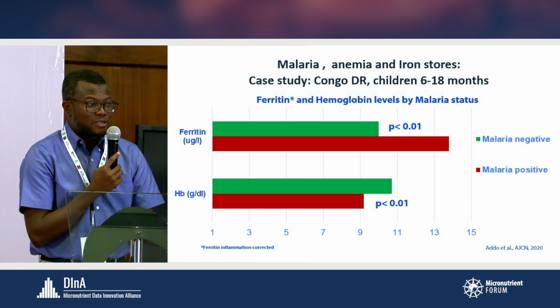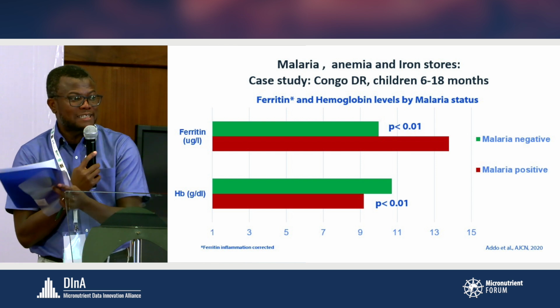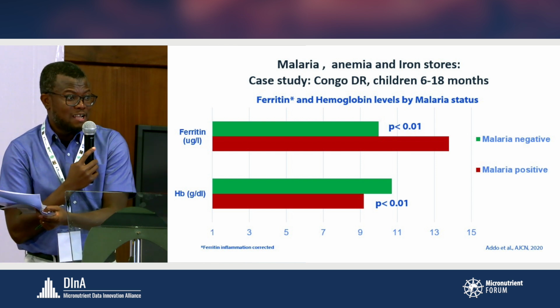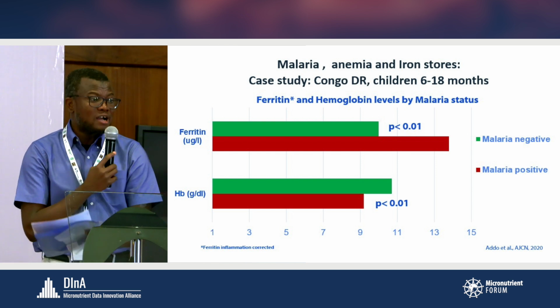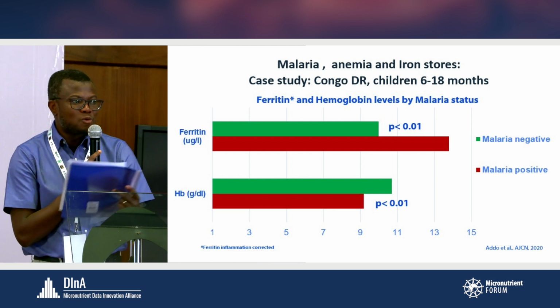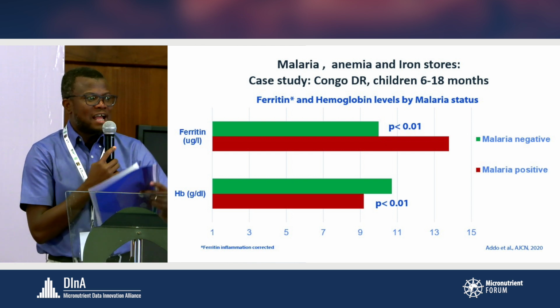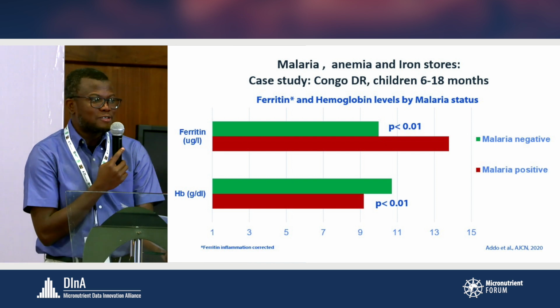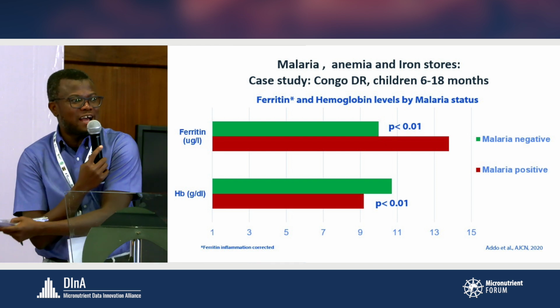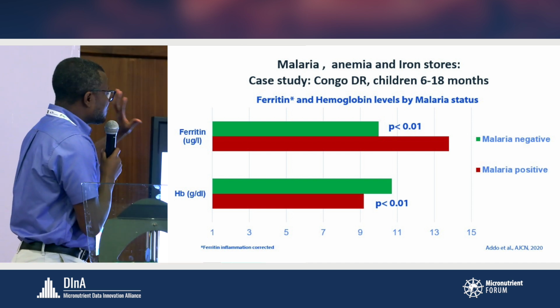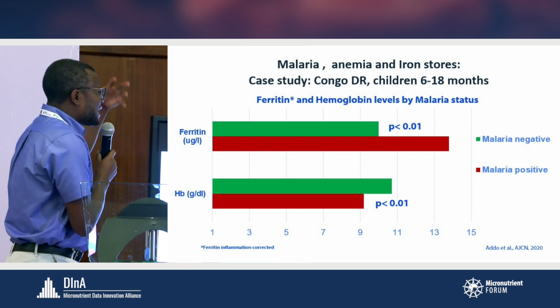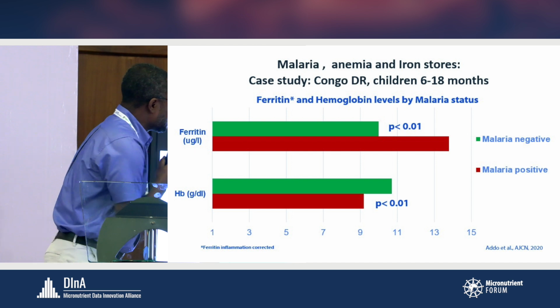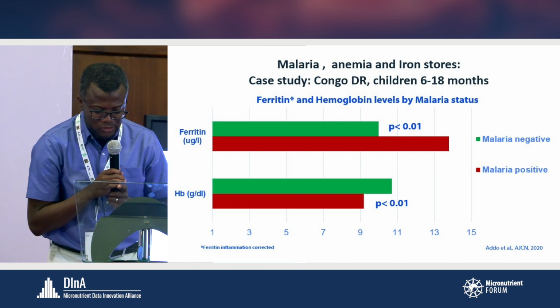So malaria positive children are more likely not to be iron deficient. However, they have lower hemoglobin. That tells us that their malaria status can put them at risk of anemia, but not iron deficiency. This gives you another contextual dimension of why infection is important.